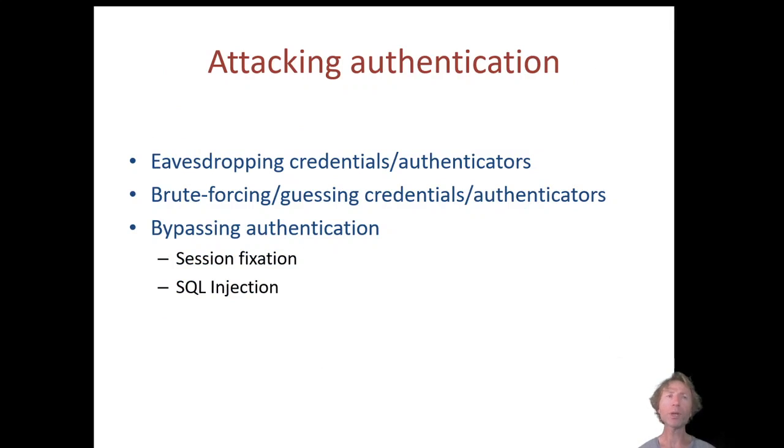So if we want to attack authentication, there are three main classes of attacks. There's the eavesdropping of the connections, where you actually see credentials and authenticators sent out in the clear. You can eavesdrop, sniff the network traffic, and obtain them. Very simple kind of attack. Another really simple attack is to brute force or guess the credentials or authenticators.